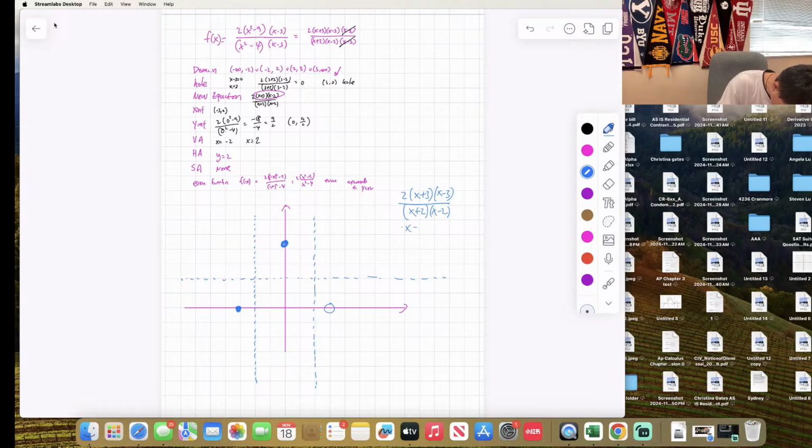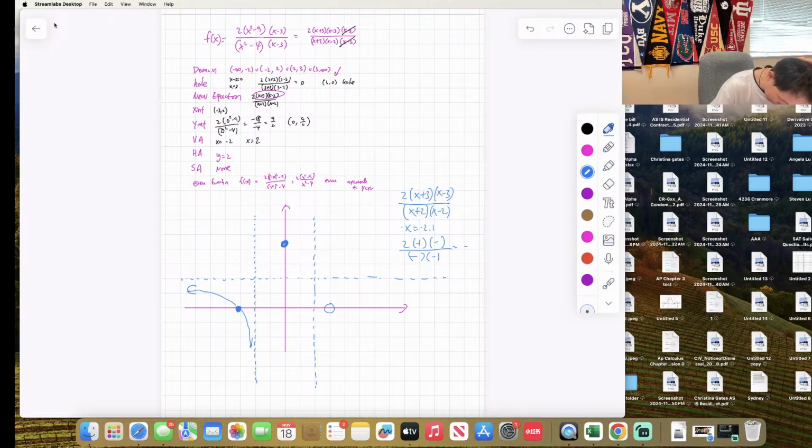If I plug in x equal to negative 2.1, what am I going to get for the sign on the top? It's 2 times positive times negative. I don't care about the value. This is going to be negative, and the bottom is negative, so that's equal to negative. So this is going to go this way, and this is going to go this way.